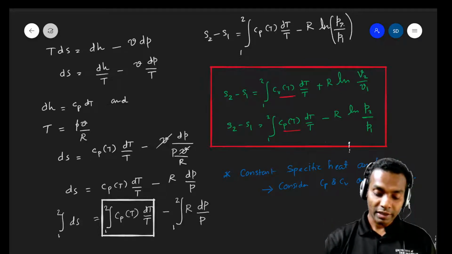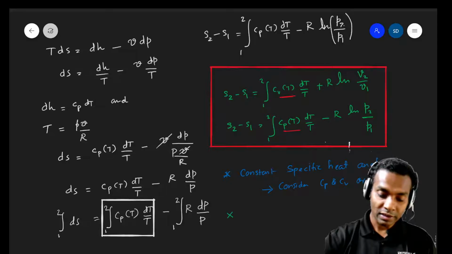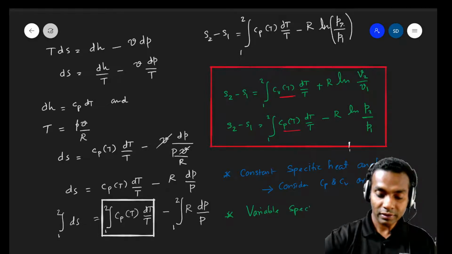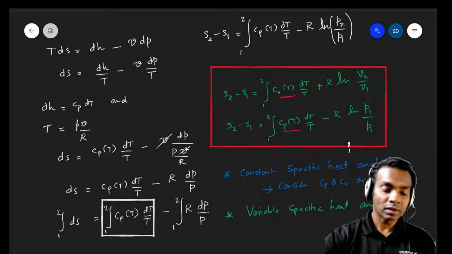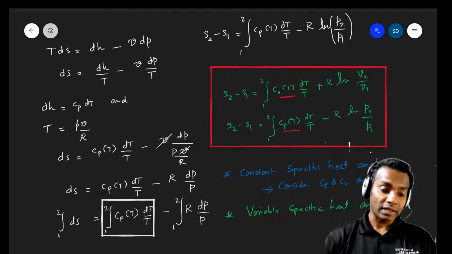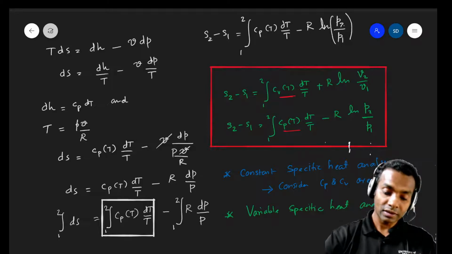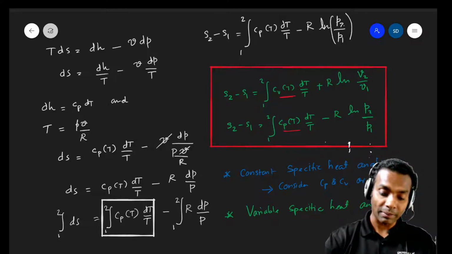Okay. And the second one is called the variable specific heat analysis, or exact analysis. So the first one is approximate analysis.